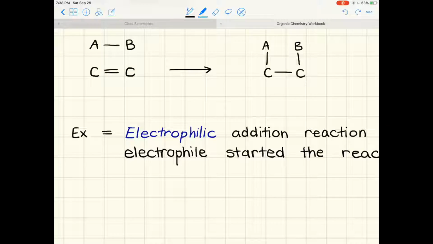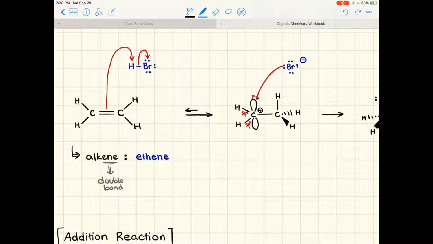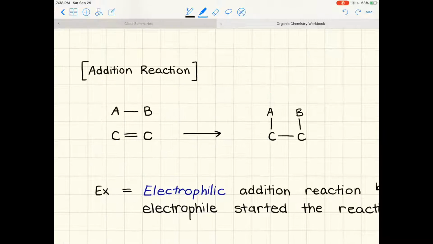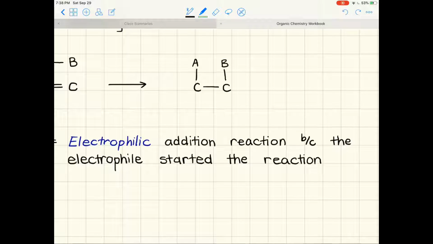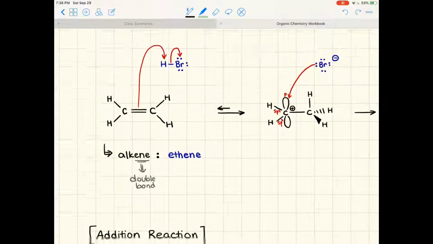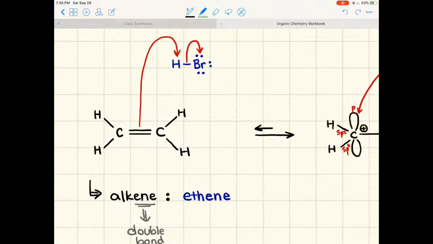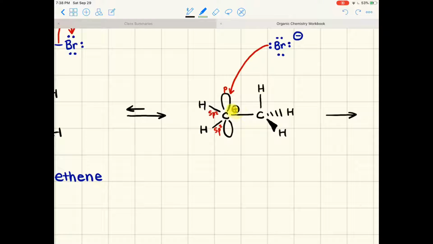What our example was back here is called an electrophilic addition reaction because the electrophile started the reaction. So what this means is, what's our electrophile in this? It's this guy right here. Why is this the electrophile? Because later on it gets this charge and it attracts this bromine.